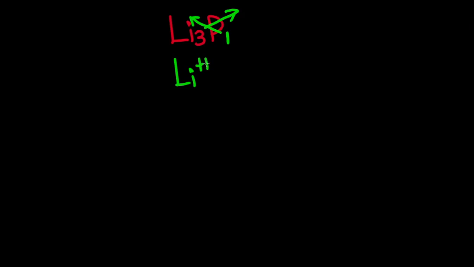I checked my periodic table. Sure enough, lithium is in group 1, so it's going to have a +1 charge. And I have phosphorus, which is going to have a -3 charge. I verify that by looking at my periodic table, see that it's in group 5, which means that it needs 3 more electrons in order to satisfy that octet rule. So these are good. I'm good to go with these.